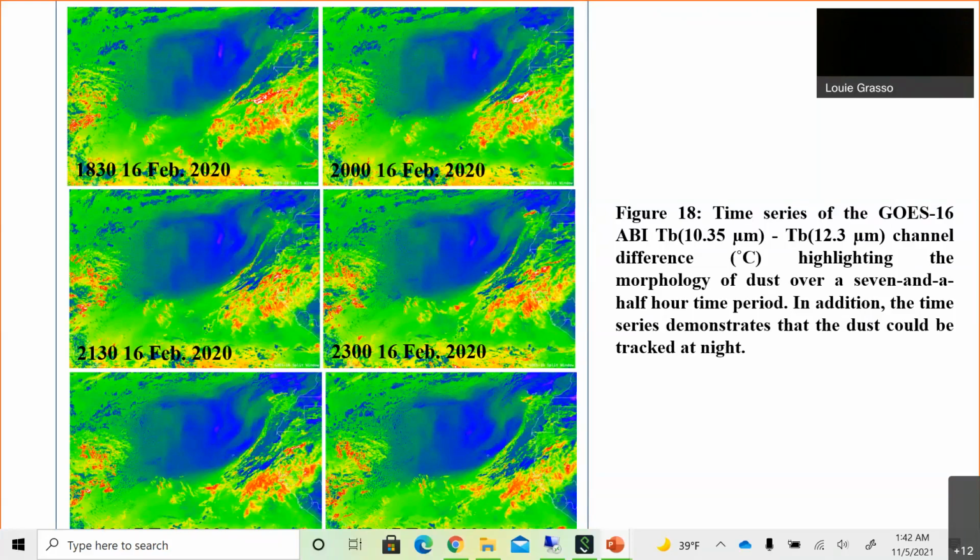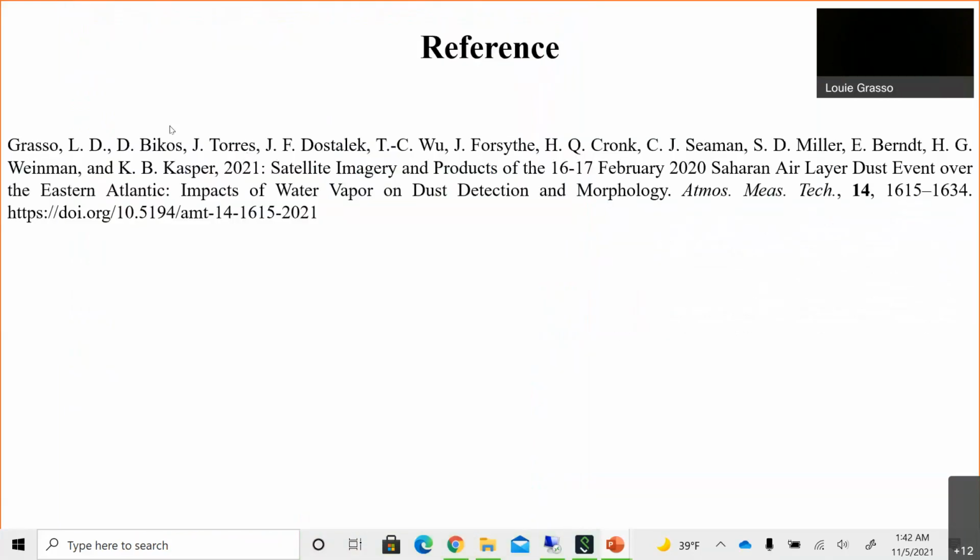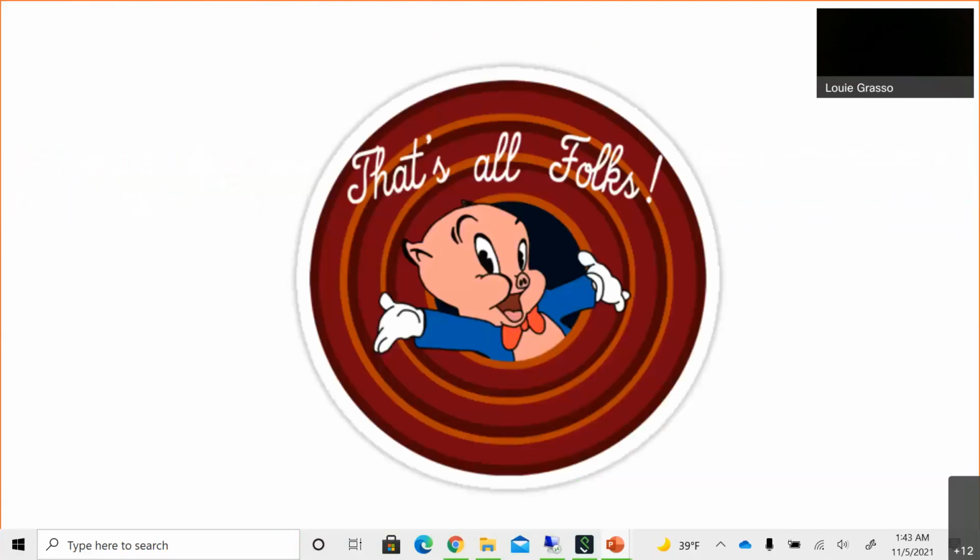So this is a clear example where water vapor is actually masking dust detection in the southern dust region. All these figures are contained in a publication. Here's the complete reference. And that's all I have. Thank you.